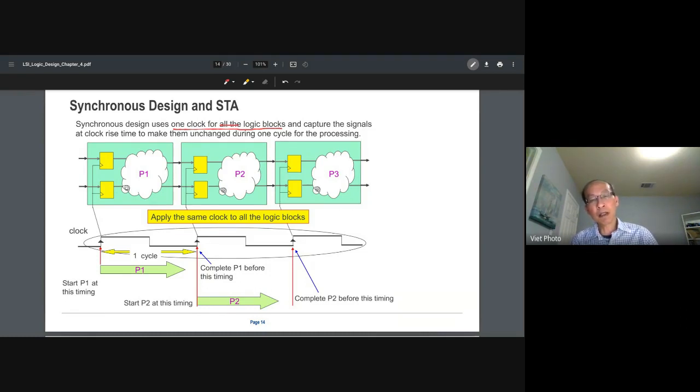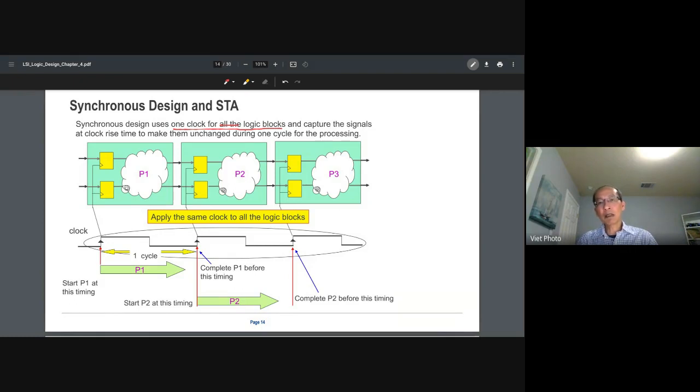Why? Let's say you have a block processing an image, and another block processing the display of the graphics. The two don't need to be at the same frequency.